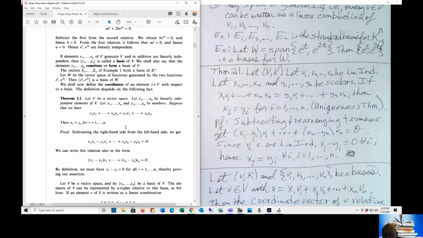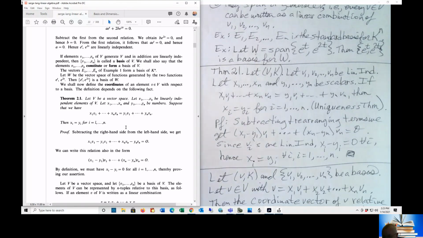And the proof is simple. If you subtract the right-hand side over to the left-hand side and set it equal to the 0 vector, rearrange and collect like terms, you see that what you get is (x1 minus y1) times v1 plus ... plus (xn minus yn) times vn equals the 0 vector.